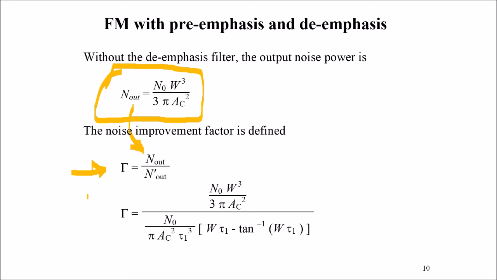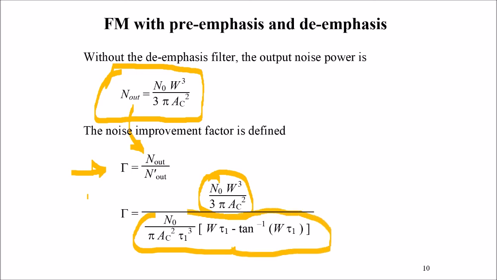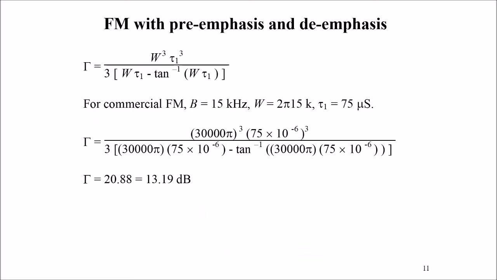This gives us a noise improvement factor. This is gamma. So the output noise power without the de-emphasis filter divided by the output noise power with the de-emphasis filter. There's a lot of cancellation that can be done.